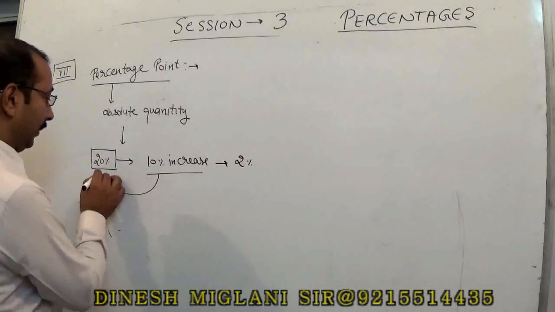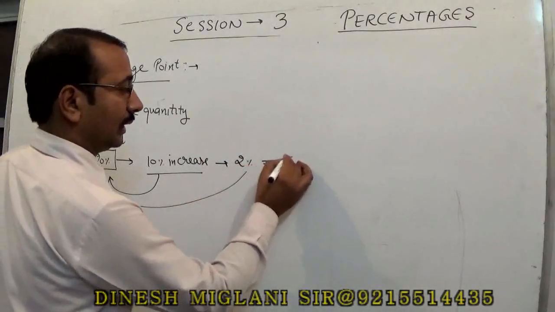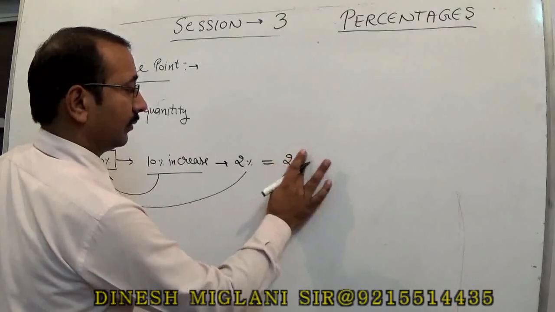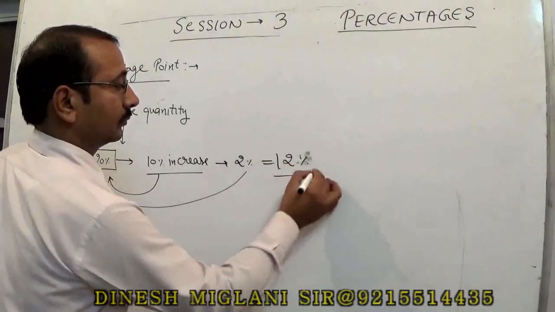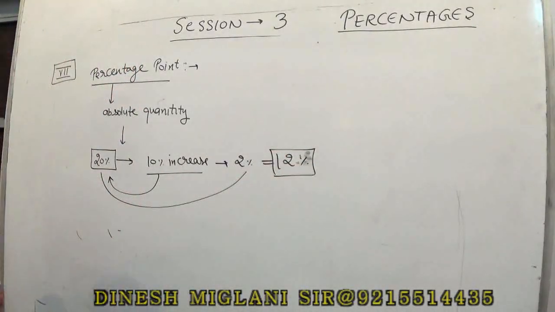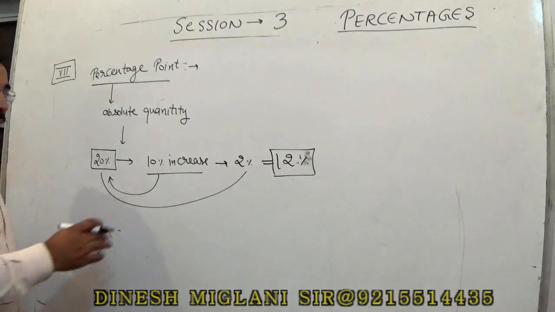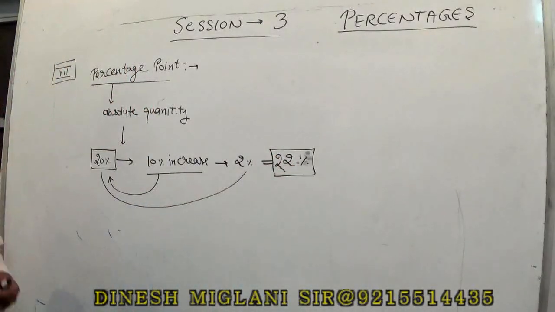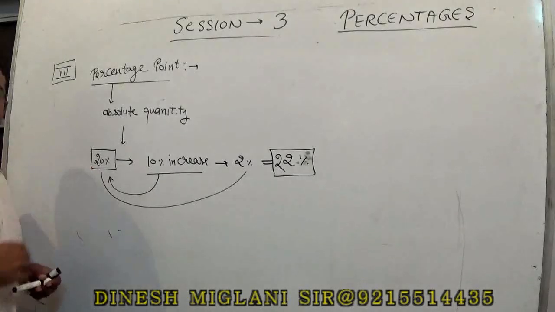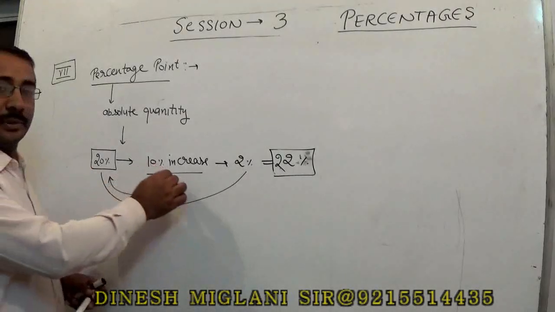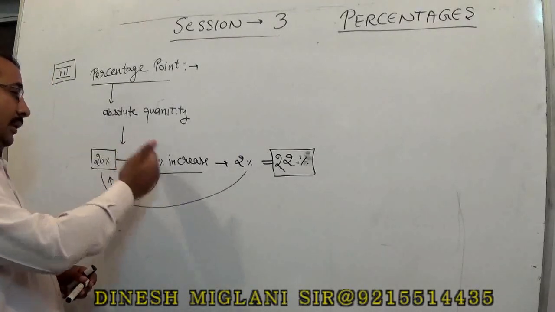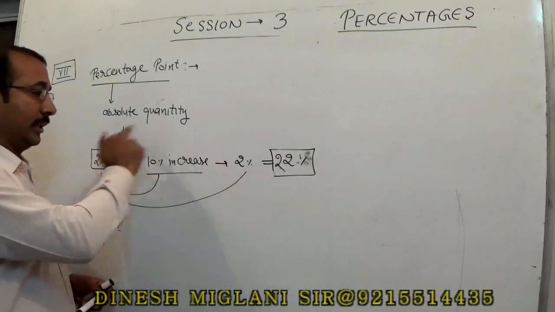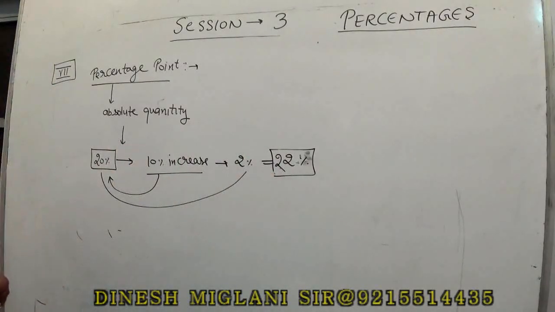So my overall answer will be 22%. My percentage is 20% and I have to make an increase of 10%, so I just find 10% of 20% and add it: 20 plus 2, answer is 22%.